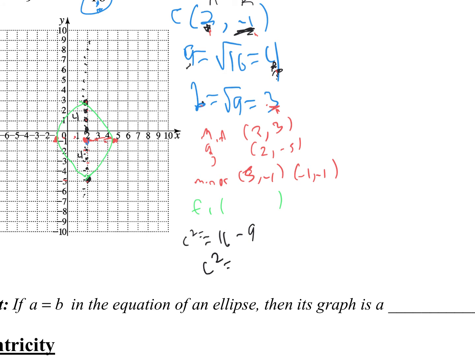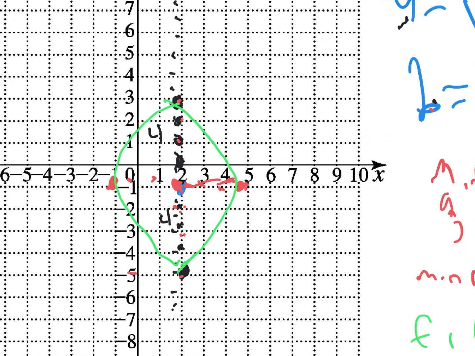C squared is, we had this before, 7. C is the square root of 7, which is less than 3 but bigger than 2. That means I got to count: 1, 2. I can't go all the way to the 3, so I go here.